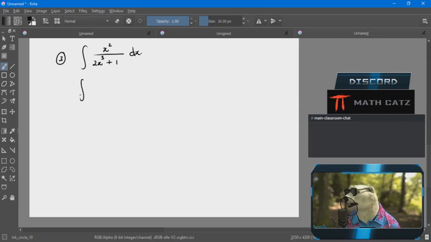Certainly, if I wrote this as x squared times 2x cubed plus 1 to the negative 1, then you would perhaps recognize what to do more easily. But part of the challenge sometimes is to spot the substitution question when it's sort of trying to hide itself.